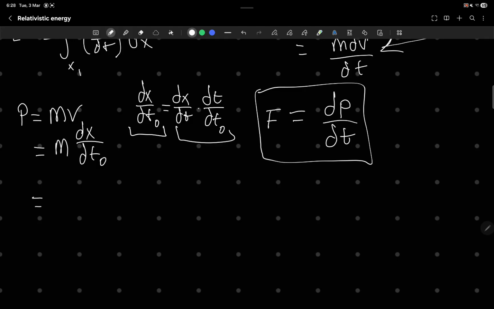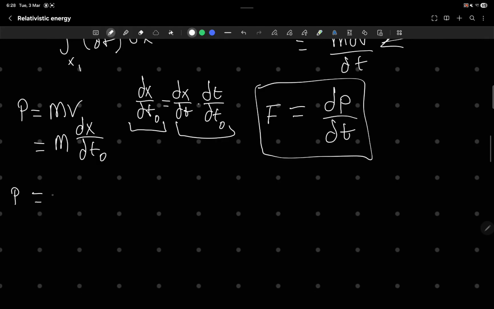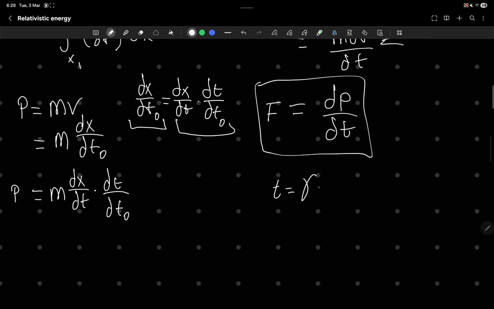And so if we go ahead and write that, we're going to get p equals m dx by dt naught times, sorry, hold on, that should be m dx by dt times dt by dt naught. Earlier, if you remember, we derived an equation t equals gamma t naught, right?